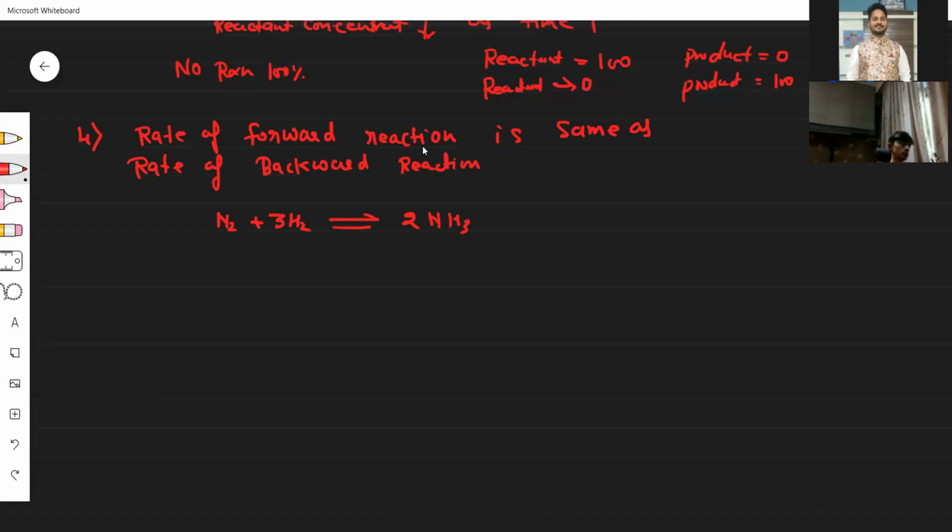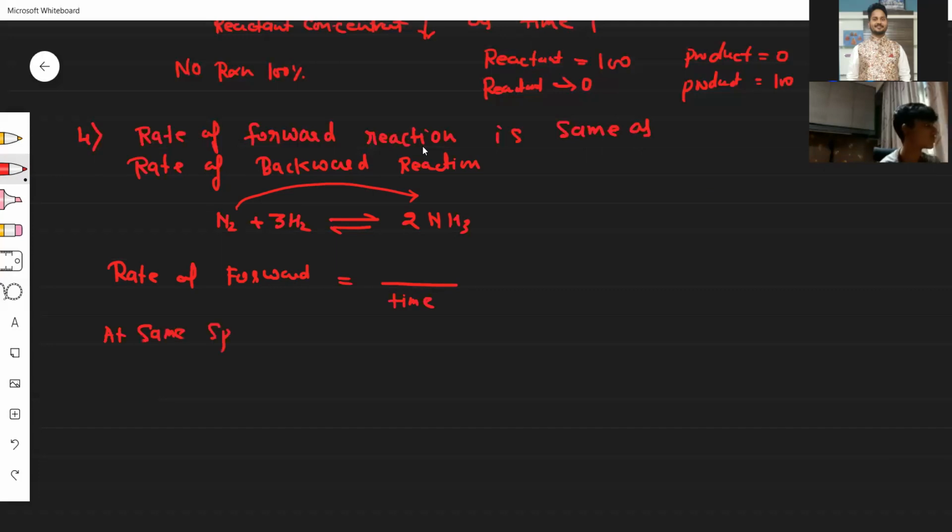The rate of forward reaction is like whatever time is taken for converting reactant into product, at the same speed, the product will also get converted into reactant.